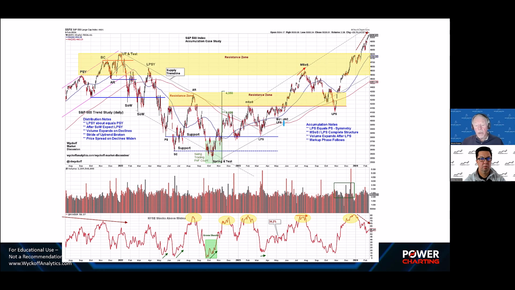Trend channel construction is very important in Wyckoff. We're getting pretty darn close to the overbought level of this trend channel. And also this yellow zone is the bear market, or the distributional highs, the bull market top of 2021. So in other words, that has to hold for the bulls. Yeah, exactly right.